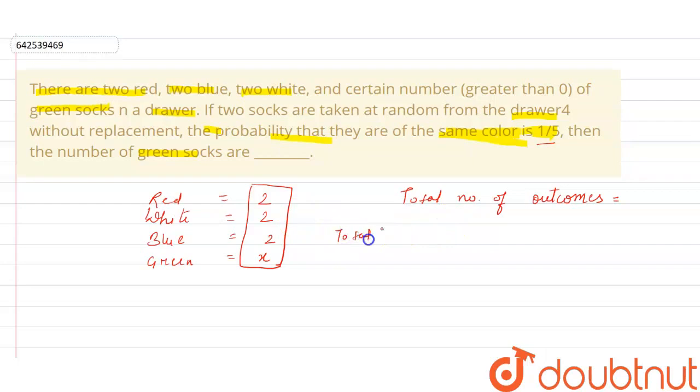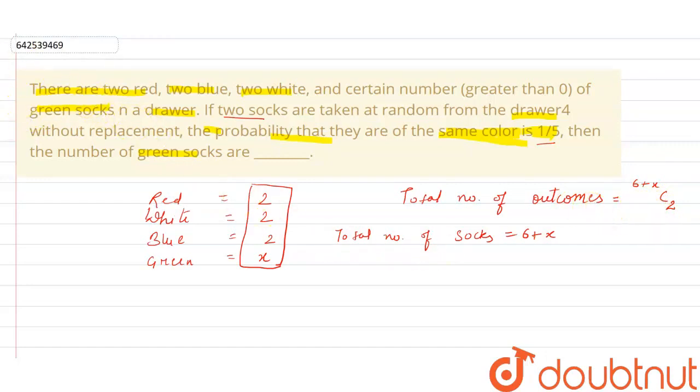And we are pulling out 2 socks. So the total number of outcomes, the combination, will be 6 plus X C 2. Out of 6 plus X socks we need to take out 2 socks. So this is the total number of outcomes, right?